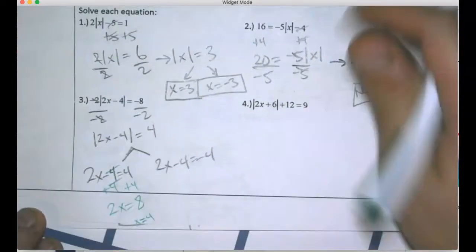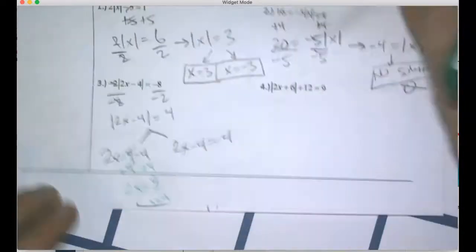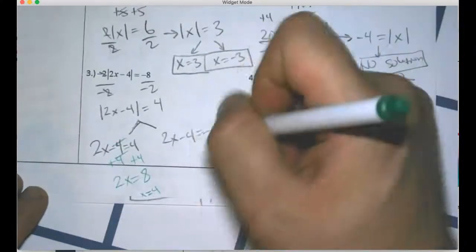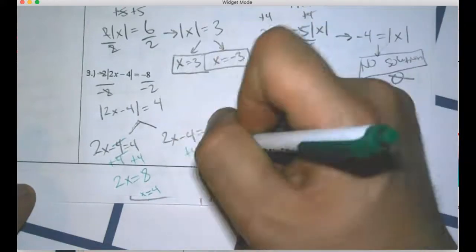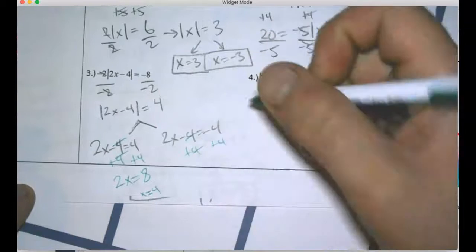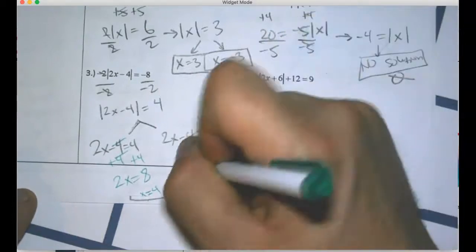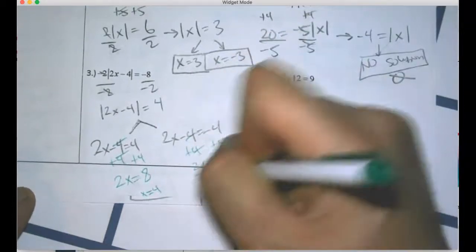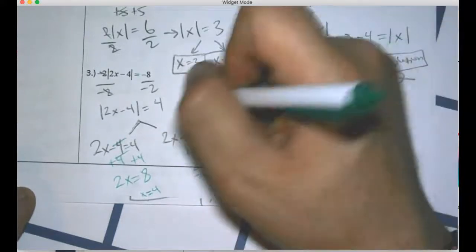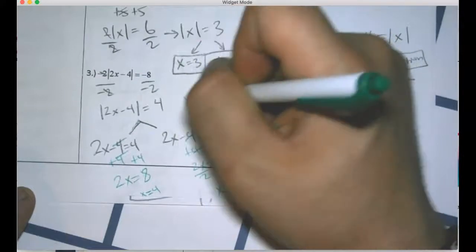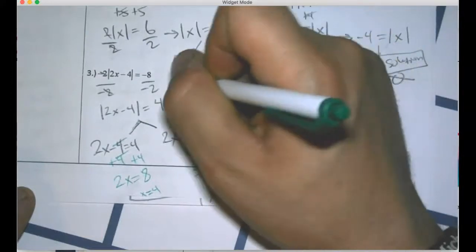Sorry about that. And 2x minus 4 equals negative 4. I'm going to solve that one now. Same steps: add 4, divide by 2. Negative 4 plus 4 is 0. So 2x equals 0, and 0 divided by any number is still 0. So my two answers were that x equals 4 and x equals 0.